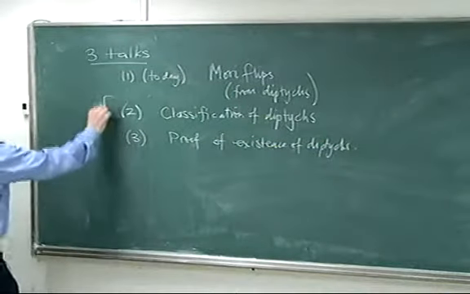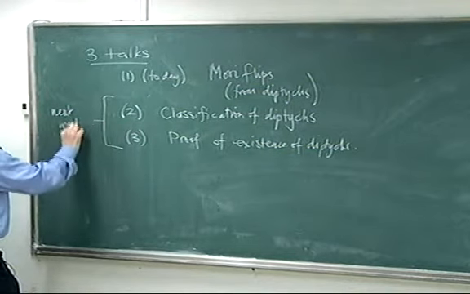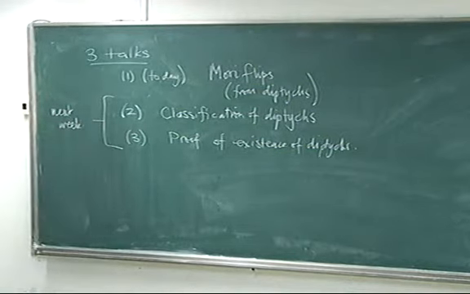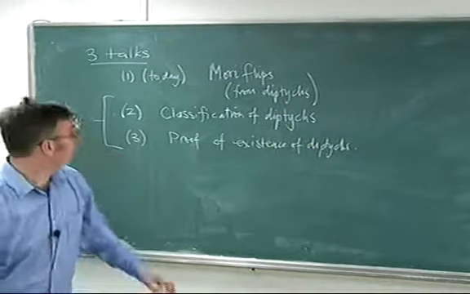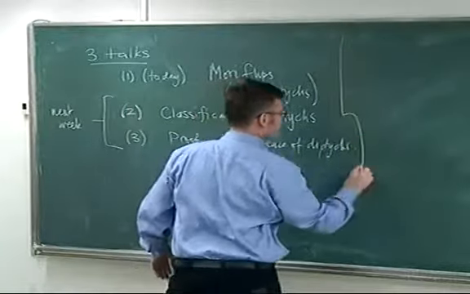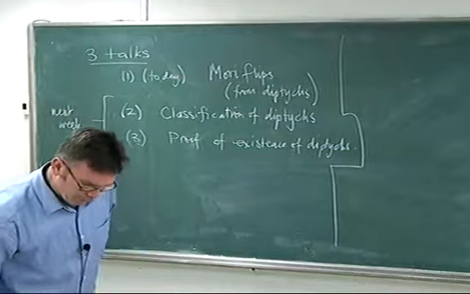So these two are next week. But we can certainly change that plan a little bit if, when we do the exercises, we find there are other things to talk about.